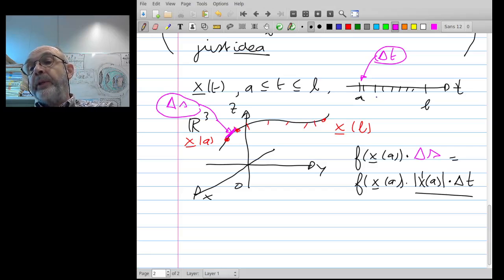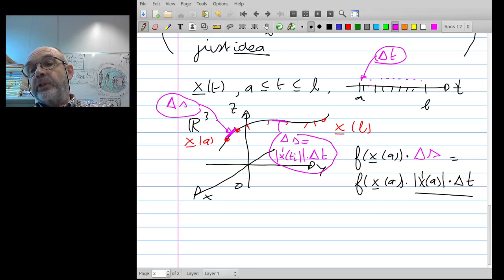And so we can go on for every part of your parameter, and then you always have that little step ds, and that is nothing else than the velocity somewhere times dt.